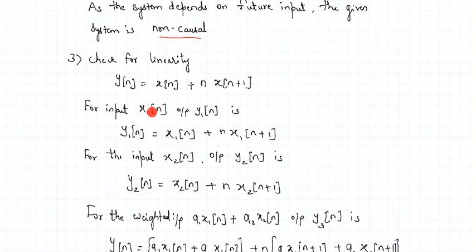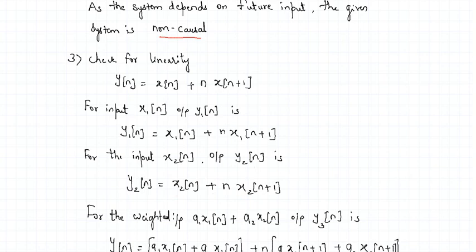Let us apply x1[n] and measure the output y1[n]. Wherever there is input, we replace it with x1[n]. So the output y1[n] is equal to x1[n] plus n into x1[n+1]. Now let us apply input x2[n].